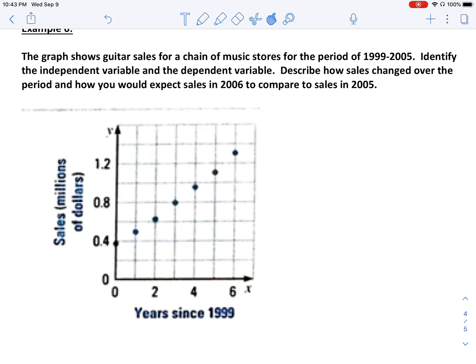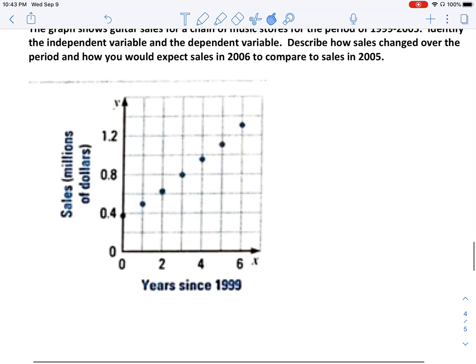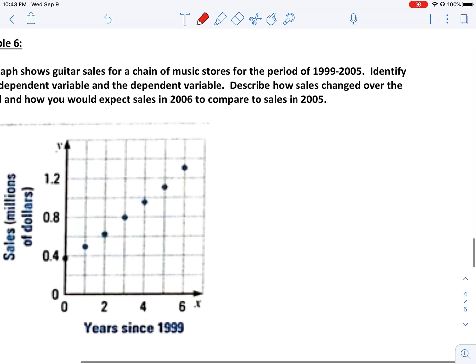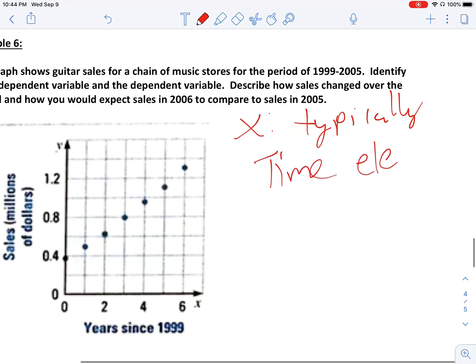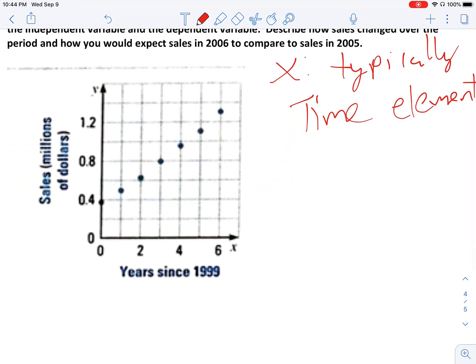All right, just a word of advice here. Typically, when you're given word problems like this, it isn't always true, but often x is your time element. Now, the other way you can identify your independent variable is it's always the x, and this is always your x-axis.